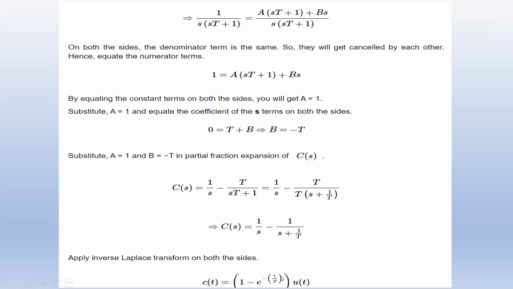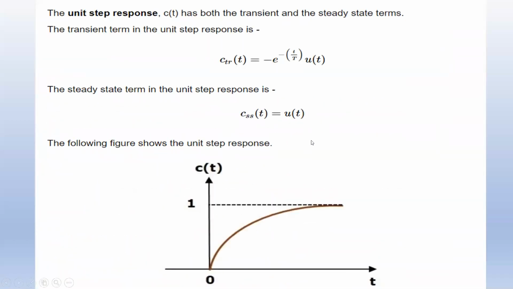This is the output of the first order system when we apply this unit step signal to this system. So if we plot this output in the graph, then we have this kind of graph which is being shown over here.